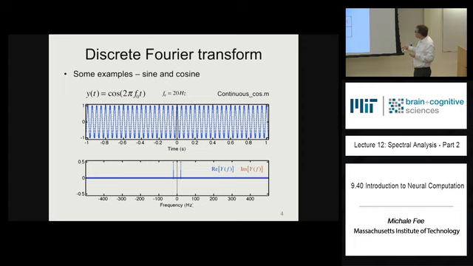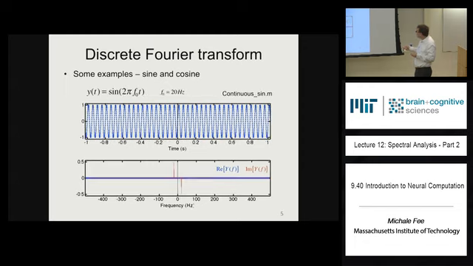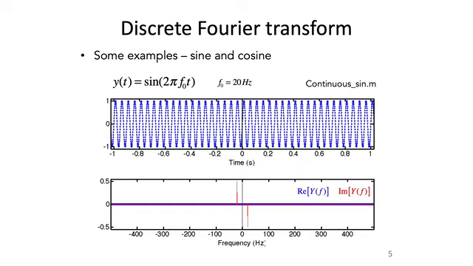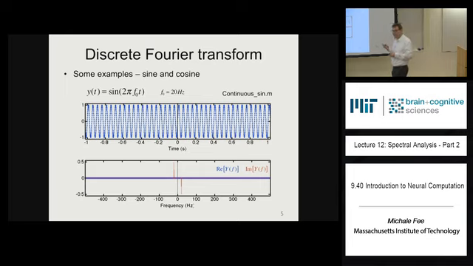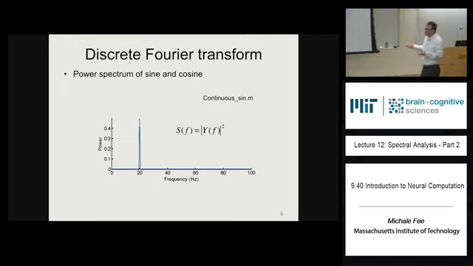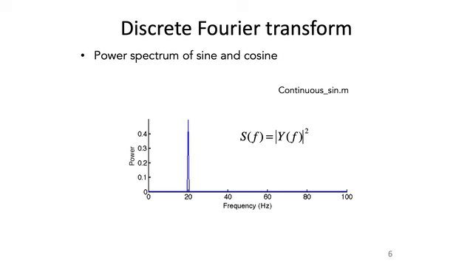For the cosine, it's real, and for the sine, it's imaginary, but the square magnitude of both of those is 1 at that frequency. Okay, any questions about that? I feel like I didn't say that quite as clearly as I could have. Okay, so any questions about this?